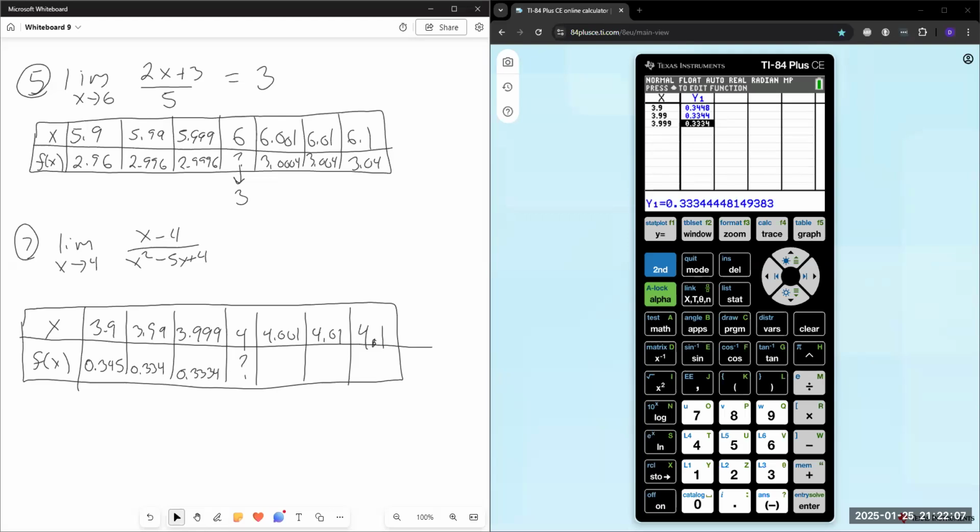Let's come from the right now. 4.1 is about 0.3226.